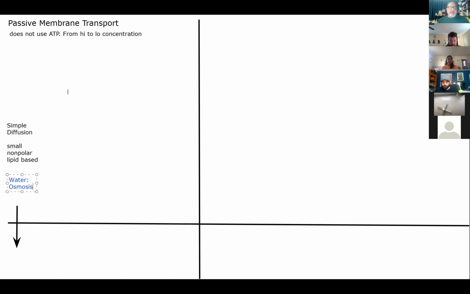Other things then require the use of a protein. And if it requires the use of the protein, it is what we call facilitated diffusion.